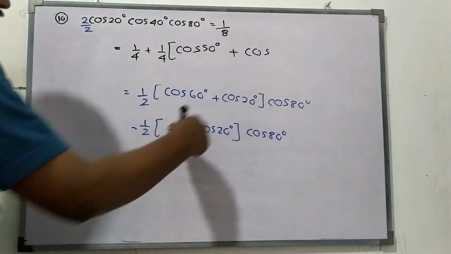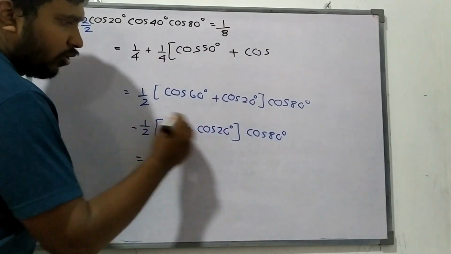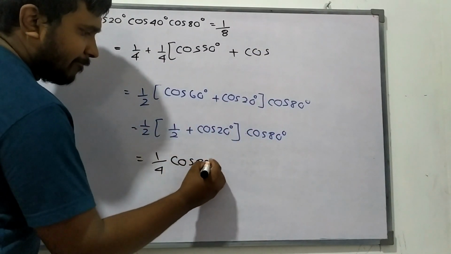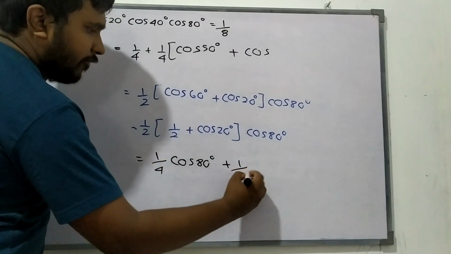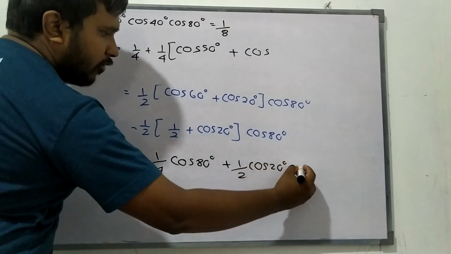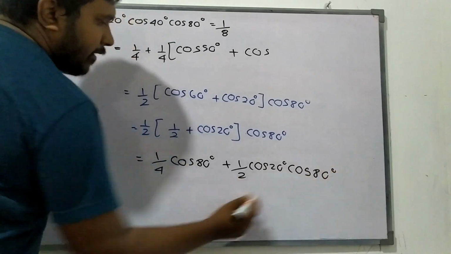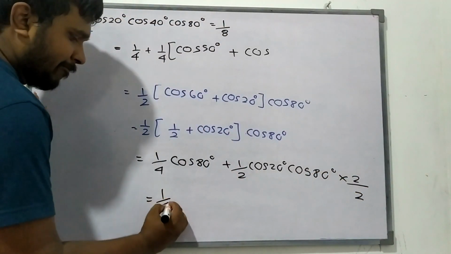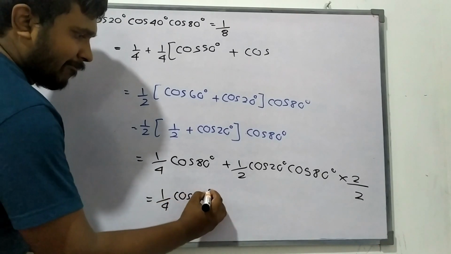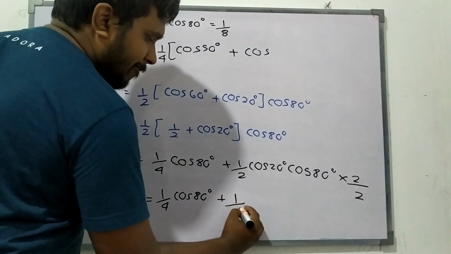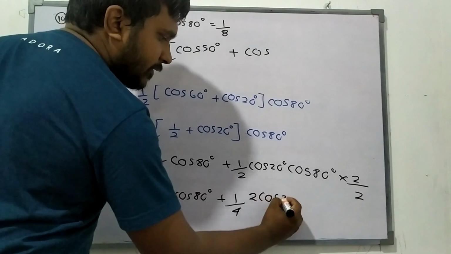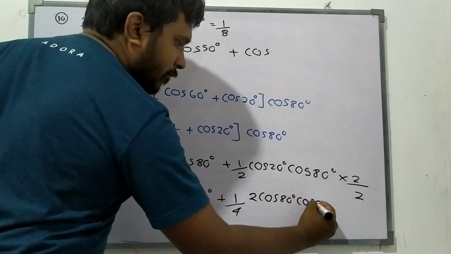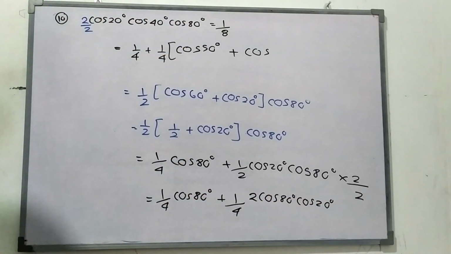So simply, so the bracket, it's 1 over 4 cos 80 and half cos 20 and cos 80. And I am going to multiply 2 and divide by 2. Two cos 80 cos 20, right? So what is this?